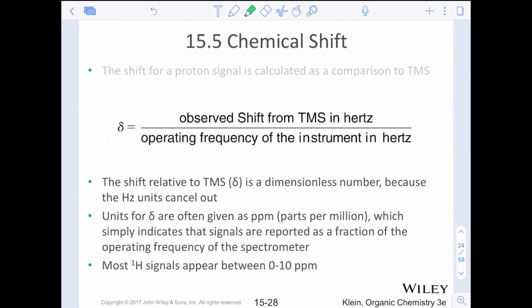Units for delta are often given in ppm, parts per million, which is just an indication of the magnitude, because the operating frequency is usually much greater than an observed shift from the TMS. So most proton NMR signals appear between 0 and 10 ppm. Sometimes that can even go up to 12 ppm. But again, we'll see that when we start looking at the different styles of protons that we have.